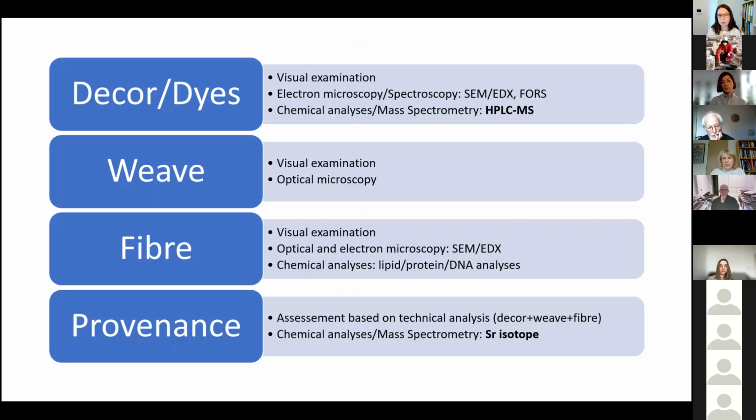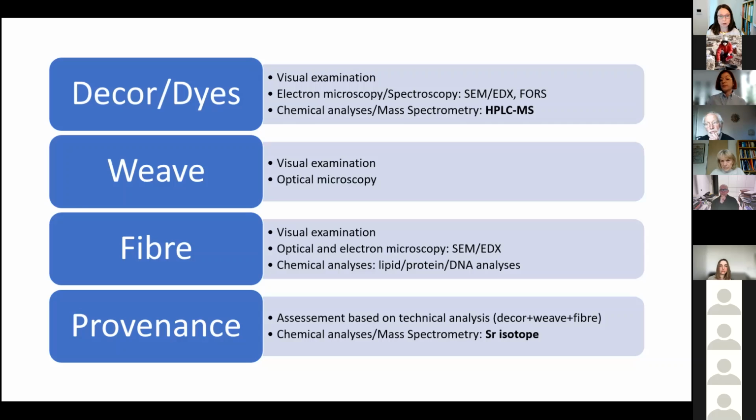When we, as textile archaeologists, if I may say, work with textiles, our first approach is a visual examination. Especially in the Nile Valley, where we have such exceptional environmental conditions, these textiles are often very well preserved. With simple visual examination, we can assess if a fragment is decorated or not.